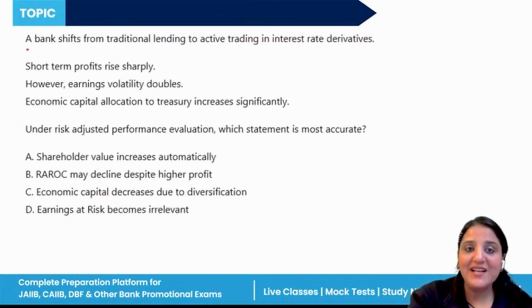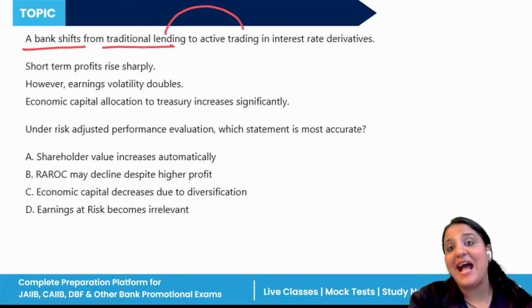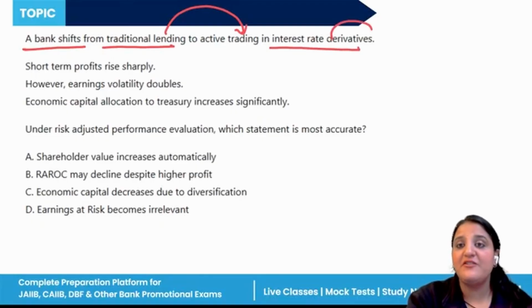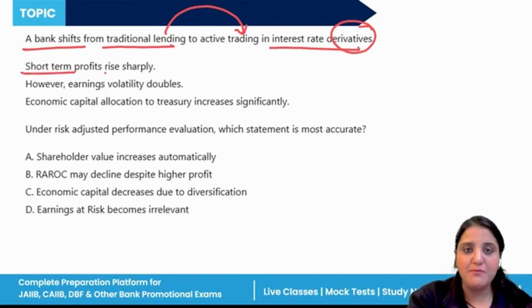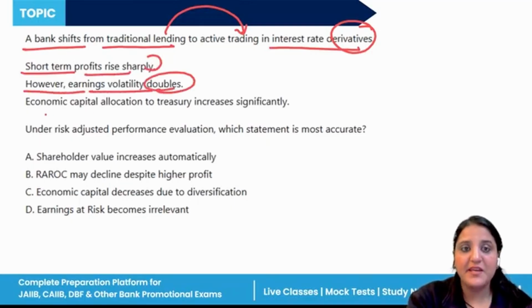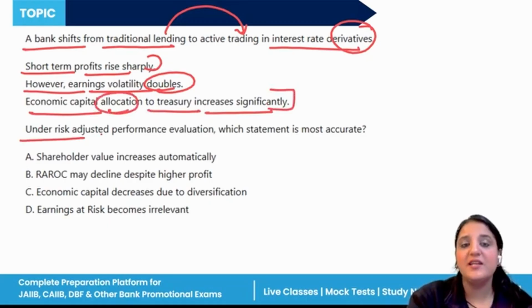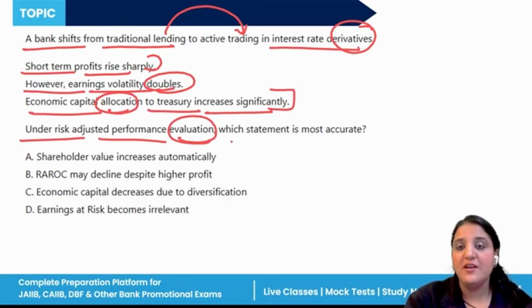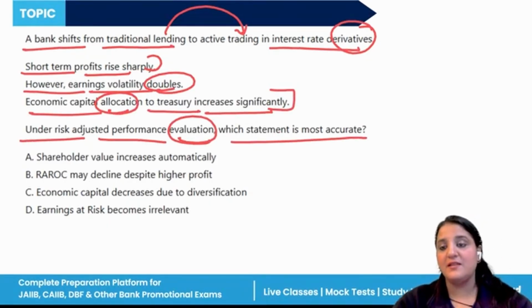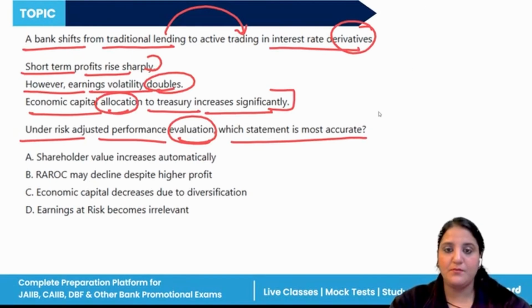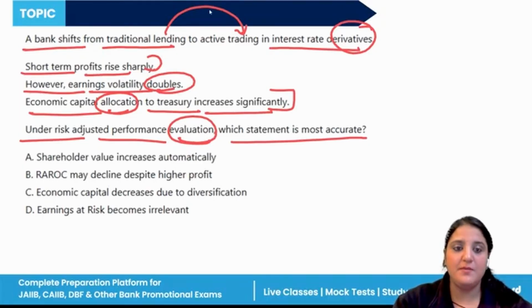So if a bank shifts from traditional lending to active trading in investment and interest rate derivatives, short-term profit rises sharply. However, earnings volatility doubles, and economic capital allocation to treasury increases significantly. So under the risk adjusted performance evaluation, which statement is the most accurate?